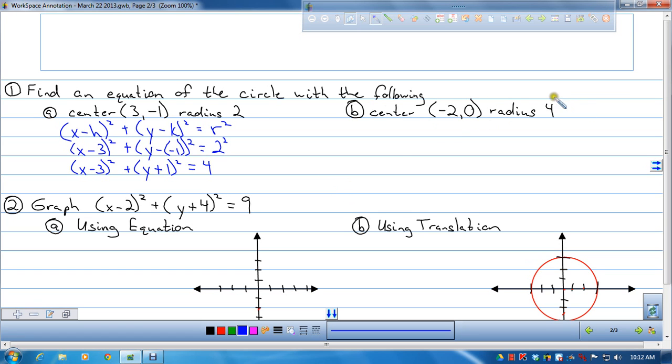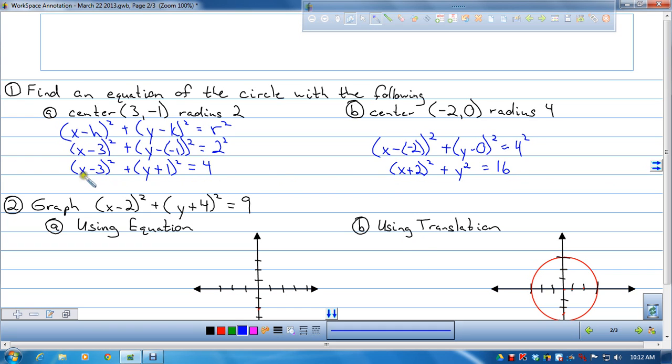So now over here with these properties, I'm going to have x minus a negative 2 squared, y minus 0 squared equals 4 squared. So simplifying, I would have (x plus 2) quantity squared plus y squared equals 16.